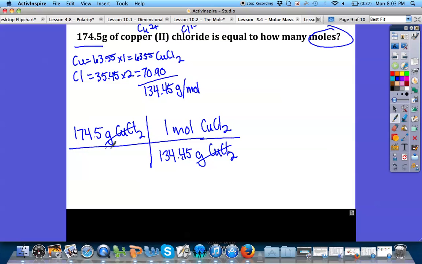We're going to take 174.5 times 1 divided by 134.45, and that is going to give us 1.30 moles of copper chloride.